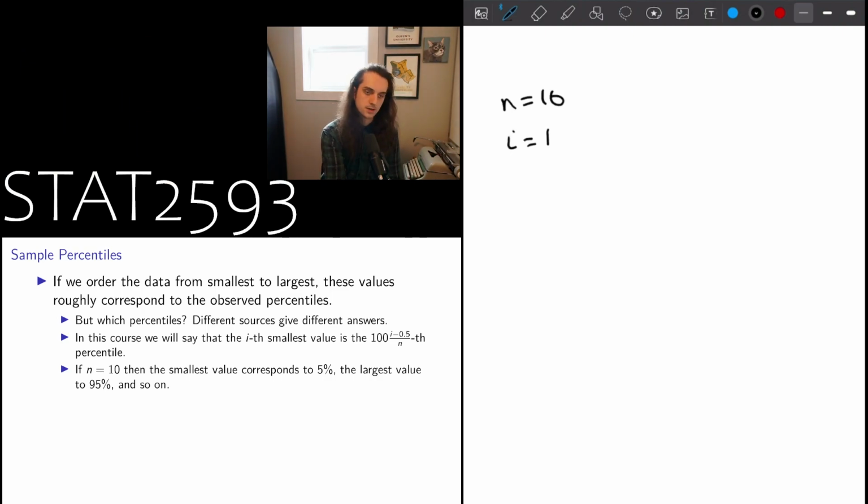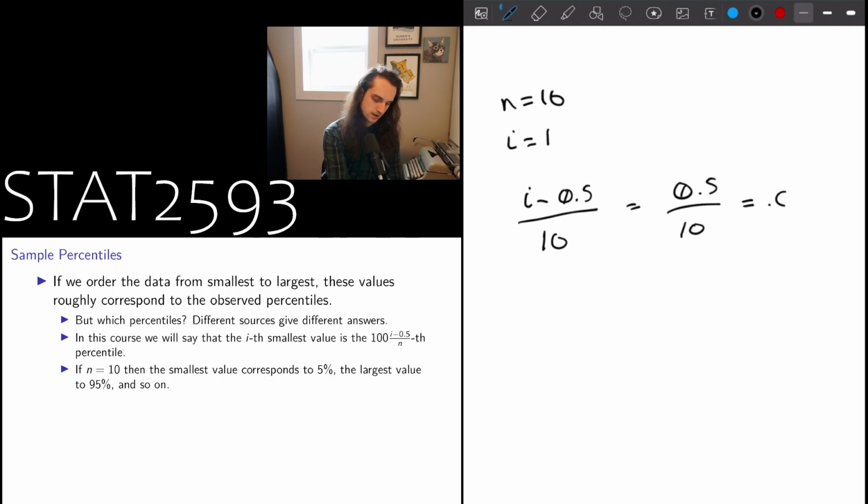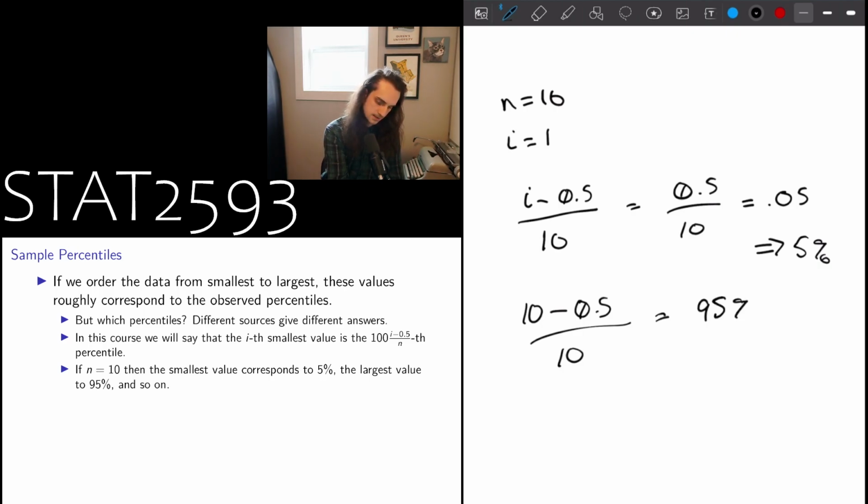So if we take i minus 0.5 divided by, in this case, 10, well, this is going to be 0.5 divided by 10, which is 0.05, or the 5th percentile. That's 5%. Now, if you have the 10th in this case, you'll have 10 minus 0.5 divided by 10, and so that's going to be 0.95 or 95%. Right? And you can work out all of the values between as well.